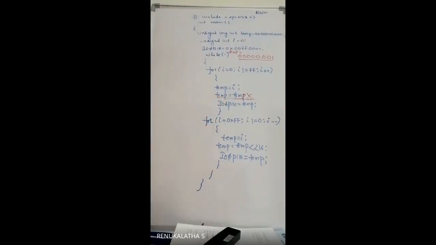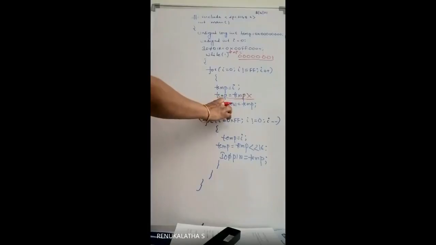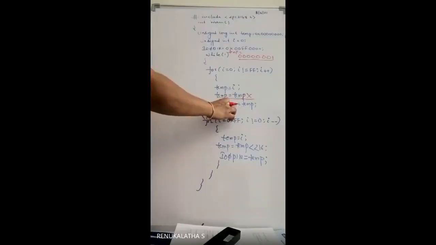What will happen? Increment will happen in pin. No. Which pins of the IO pin register will receive the data as one? Pin 0. Correct. So bit 0 of the IO0 PIN register will receive data as 1.